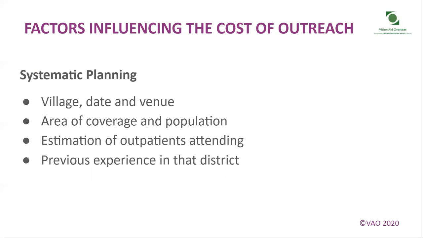Selection of the village, date and venue, calculation of geographic information such as area of coverage and population, estimation of outpatients for screening, and previous experience in that district are the major factors that must be researched and planned systematically. Any one of these factors can influence the outcome of the event and the cost of the event directly.